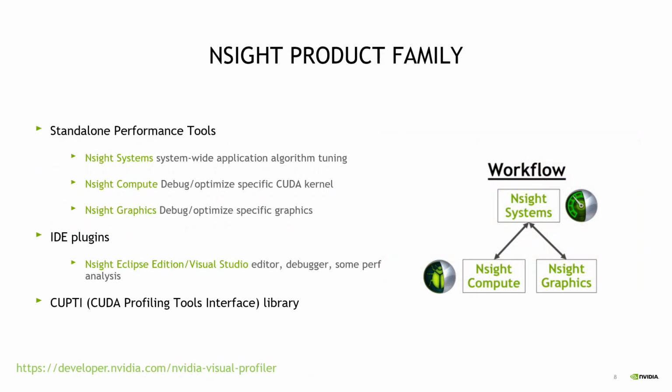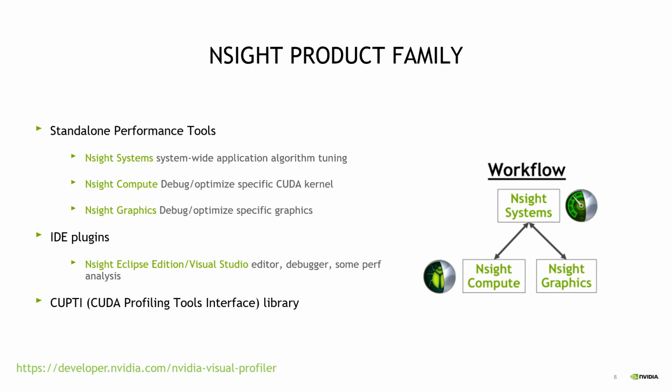To do that, NVIDIA provides a family of products to profile your application. The family is called NSIGHT, and there are different components available, different applications that you may use. You have NSIGHT Systems, NSIGHT Compute, NSIGHT Graphics. NSIGHT Systems, which is the one that I'm going to show you in this session, is a system-wide application profiler.